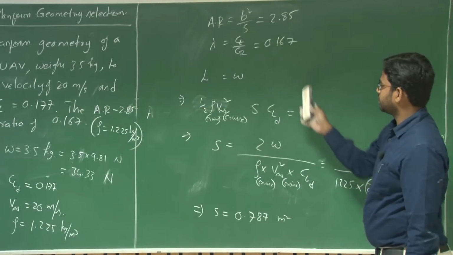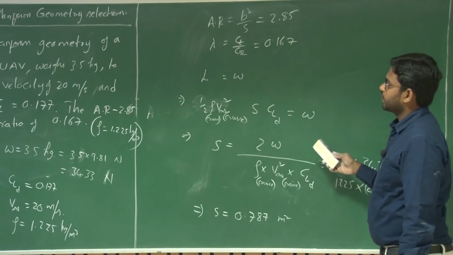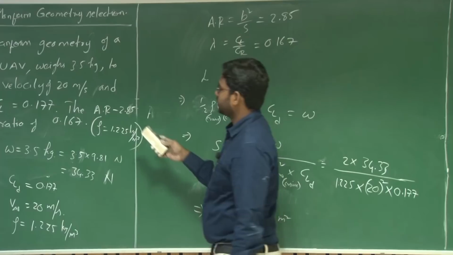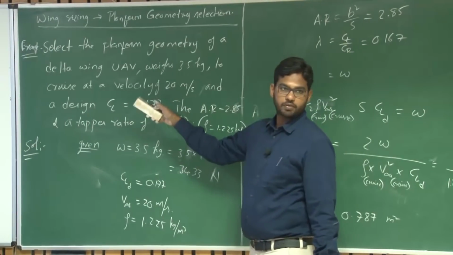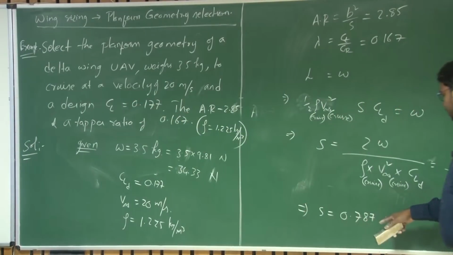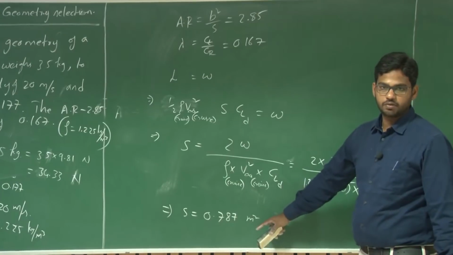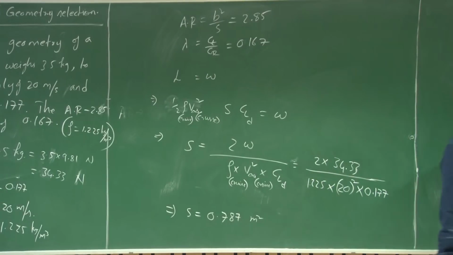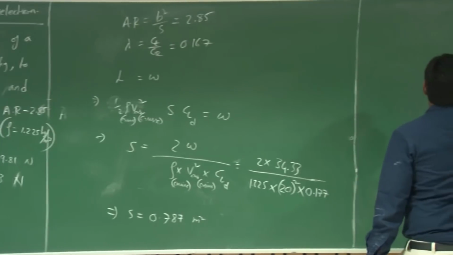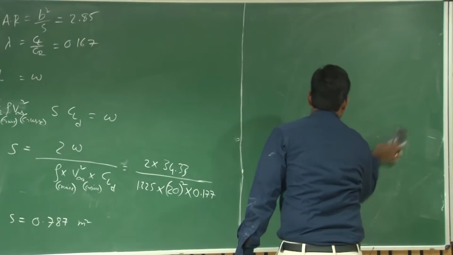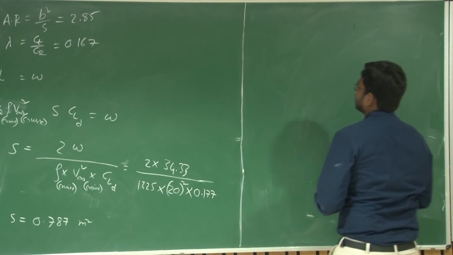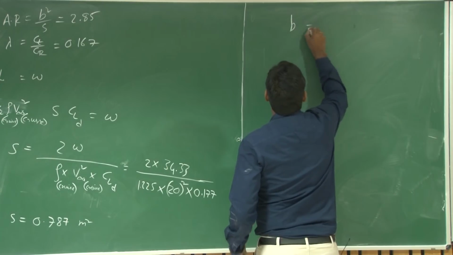So this is the planform area that you require to lift this weight at these flight conditions, right. If you want to design a UAV weighing 3.5 kg with these performance parameters, you have to have an area of 0.787 meters square. So once you know the area, you can calculate the span of this UAV. So what is the span?